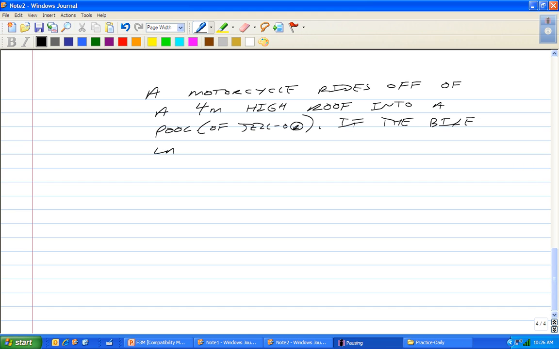If the bike lands, we'll say 21 meters from the base of the building.